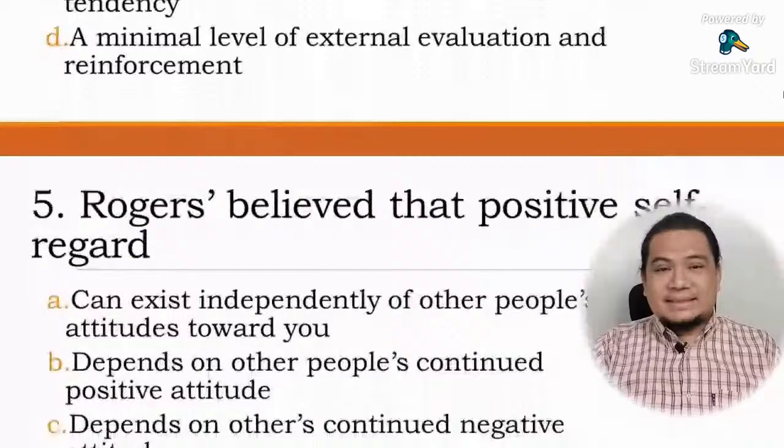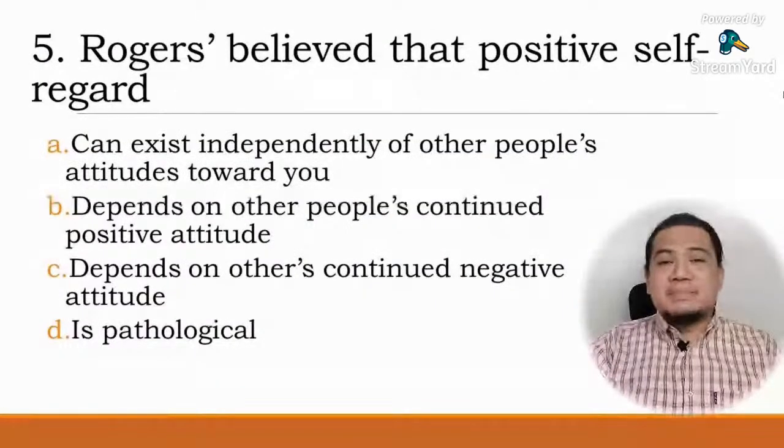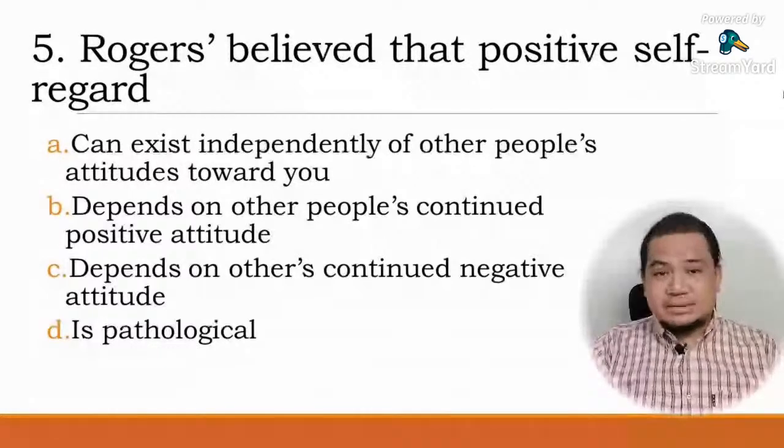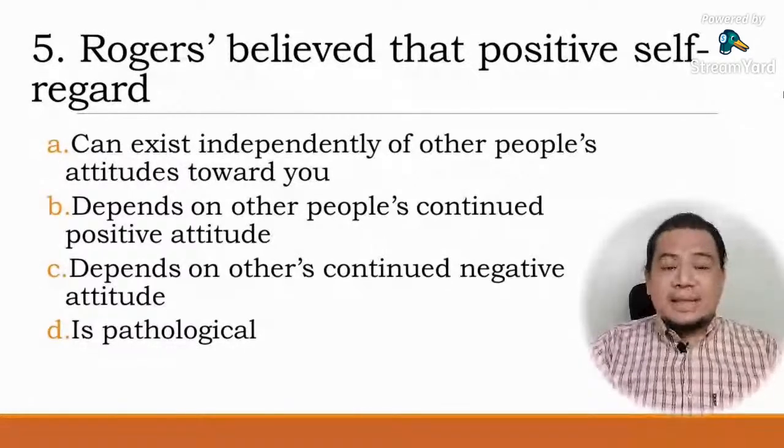Number 5. Rogers believed that positive self-regard A, can exist independently of other people's attitude towards you, B, depends on people's continued positive attitude, C, depends on others' continued negative attitude.